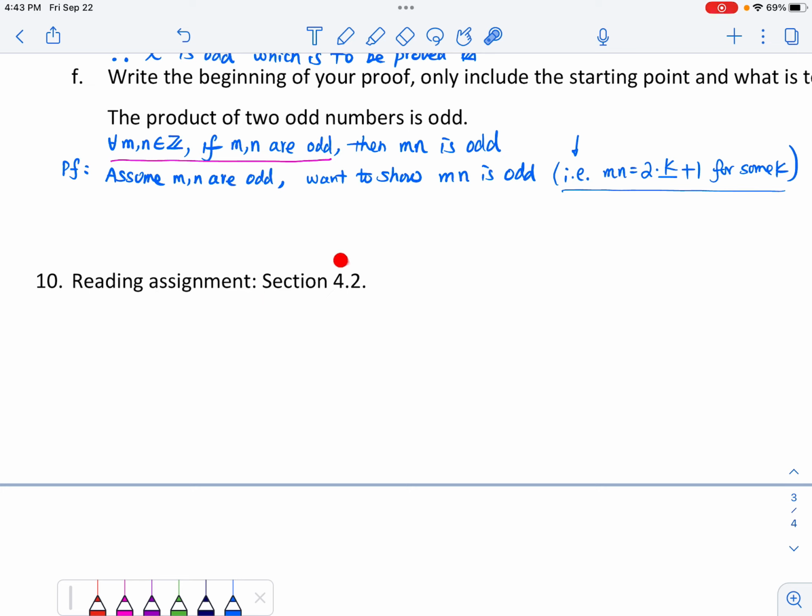It also provides many commonly seen mistakes that proof beginners often make. So it's very good to read through section 4.2. I definitely want you to take that as a reading assignment. Read carefully every sentence of section 4.2.